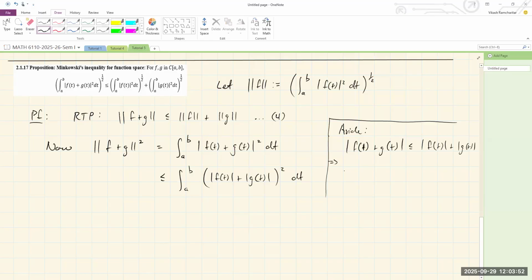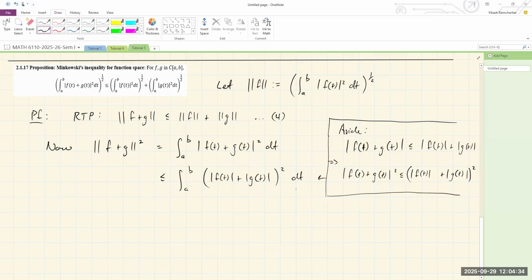This works because both left and right-hand sides are non-negative. Sorry, it should be squared over everything. And then I just integrate both sides and I get this line here.